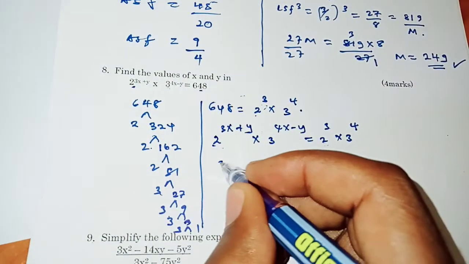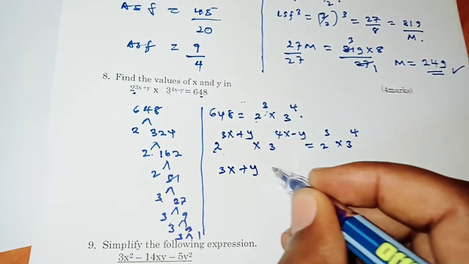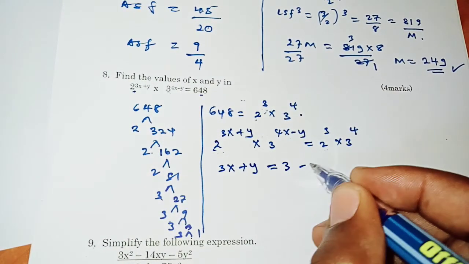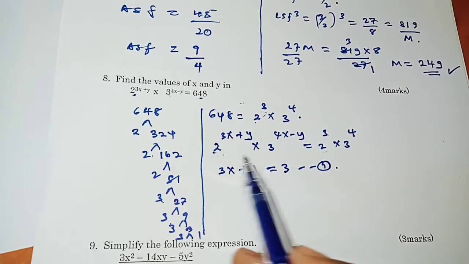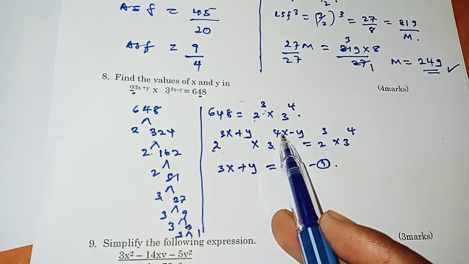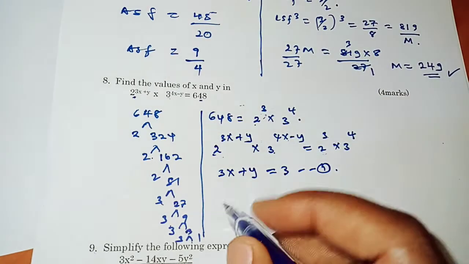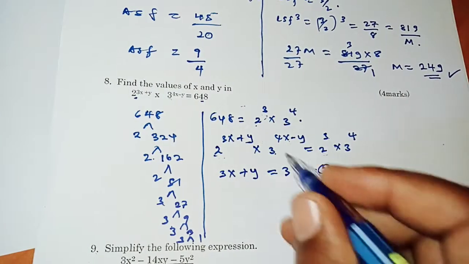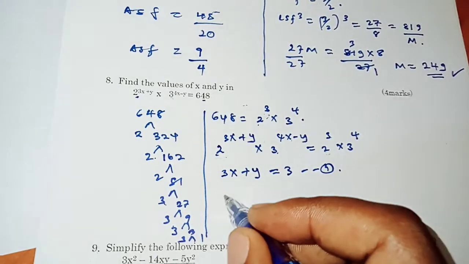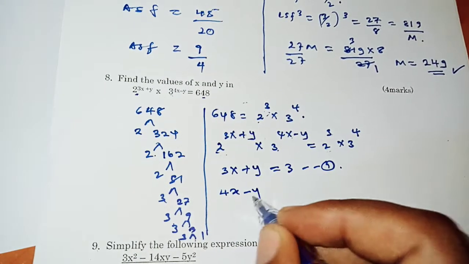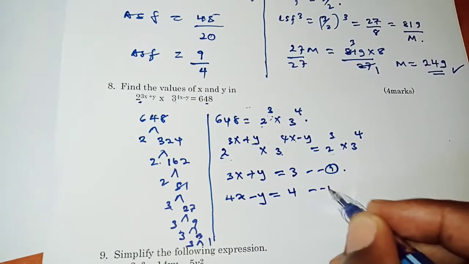So we can say 3x plus y is equal to 3. Then we have 3 to the power of 4x minus y, we equate to 3 to the power of 4, and since the bases are equal, powers are also equal, we have 4x minus y equals 4, equation number 2.